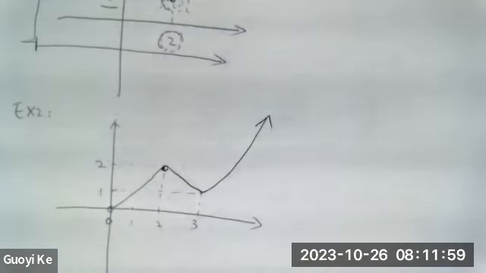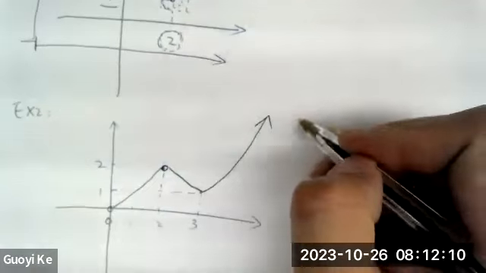The first open circle is here. The second open circle is here. Now find the domain and the range.